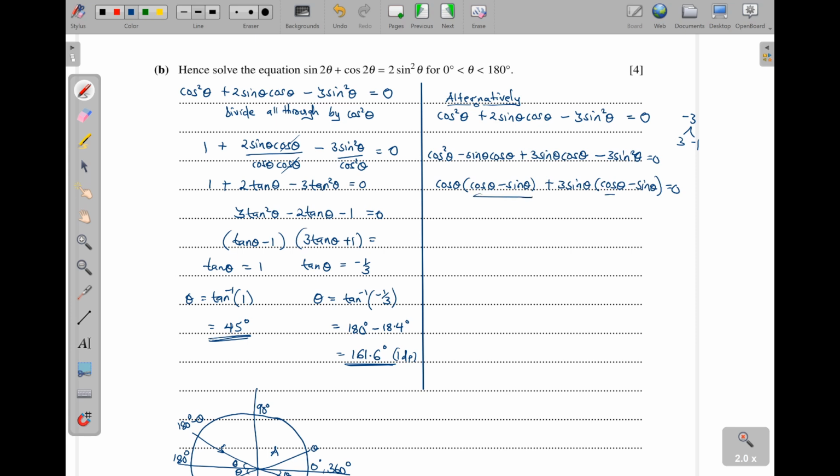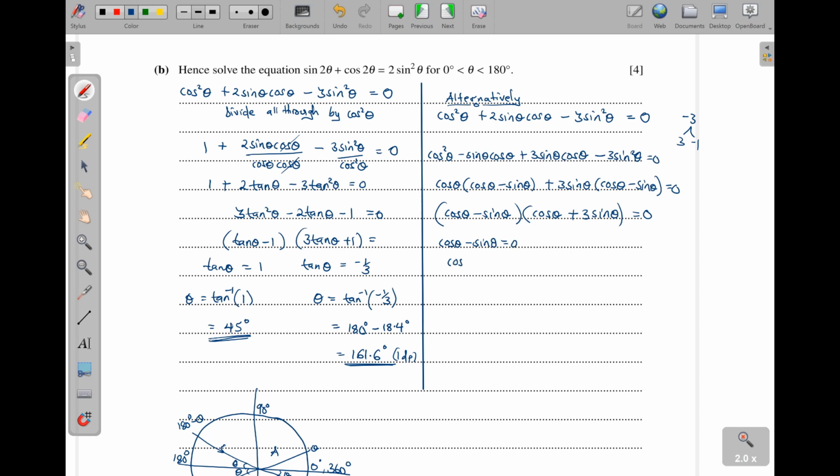So what is common? Cos theta and sine theta. Now I will have cosine of theta minus sine theta, times cos theta plus 3 sine theta. I can equate each of these factors to 0. When I equate this one to 0, cos theta minus sine theta is equal to 0.